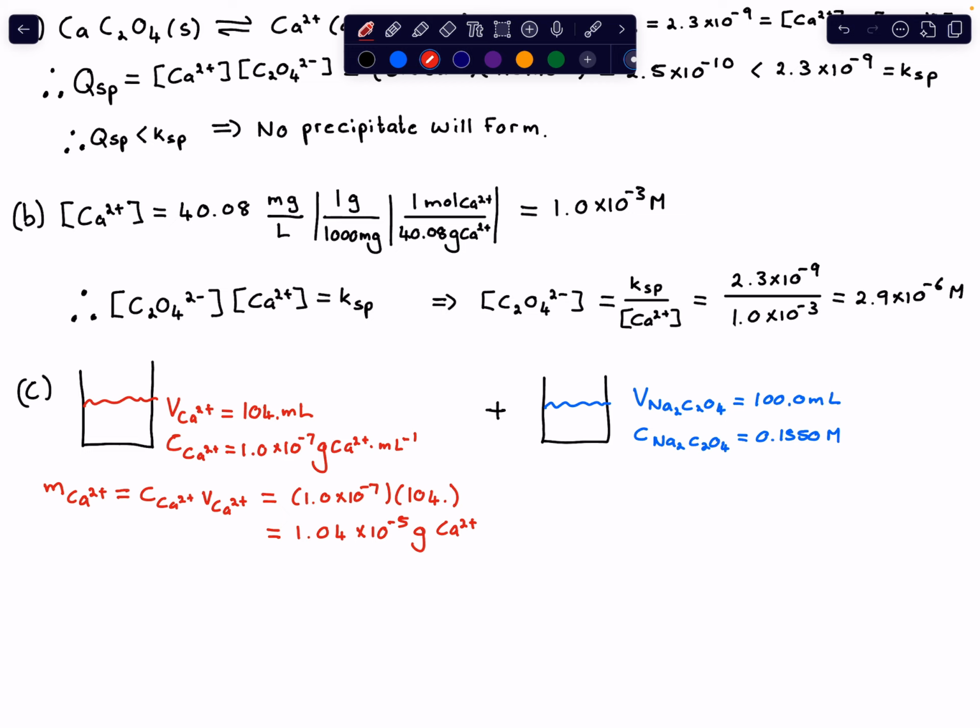Okay, and we can convert that to mole calcium because that's a more useful unit for us. Mole calcium, in that you take, of course, the mass of calcium 2 plus, divided by the molar mass of calcium, which is 40.08 gram per mole, and then I get 2.59 etc. times 10 to the negative 7 mole calcium 2 plus.